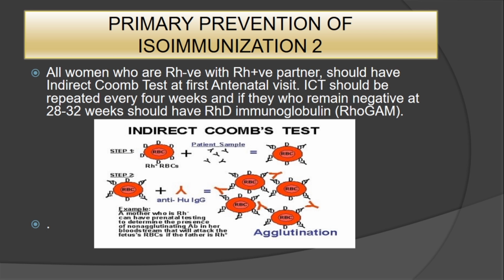Now, all women who are Rhesus negative and married to a Rhesus positive partner, anytime they present in the antenatal clinic for antenatal care, at the first booking clinic, they should have the indirect Coombs test, ICT.